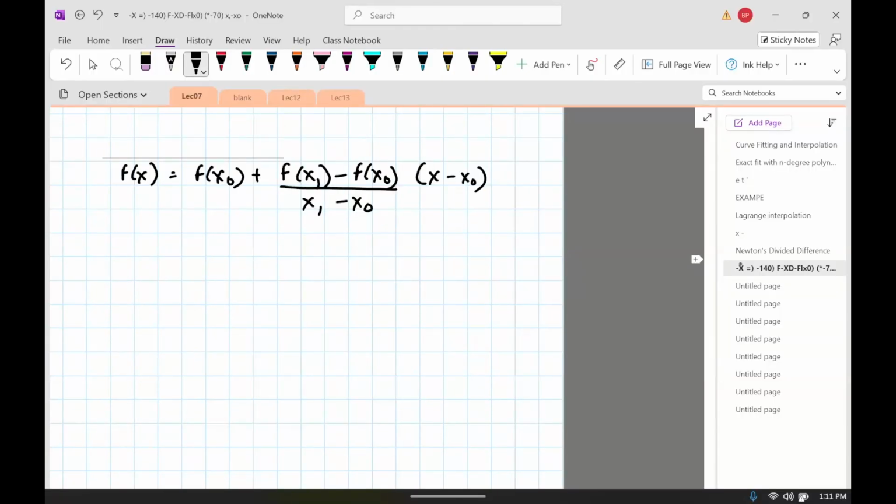How about we write this in this fashion? Plus, I'll call this uppercase F, x1, x0.